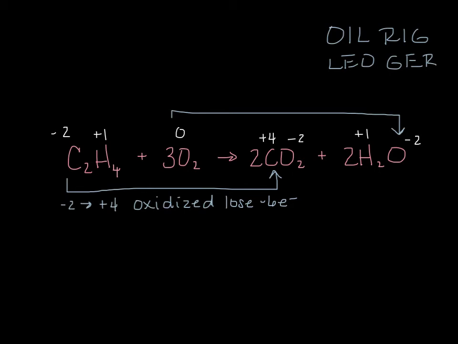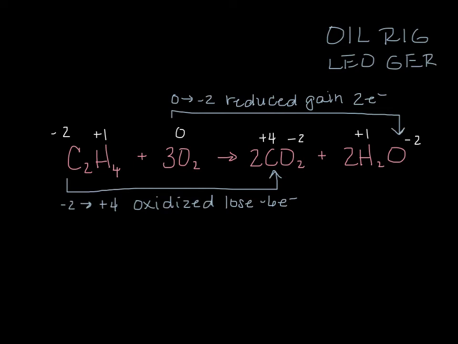Up here for oxygen, my oxidation number has gone from a 0 to a -2. So my oxidation number has reduced. It's gotten smaller. So my oxygen was reduced. And if it's reduced, it means that it gained electrons, again from our OIL RIG, or LEO says GER, and it's gained a total of 2 electrons.